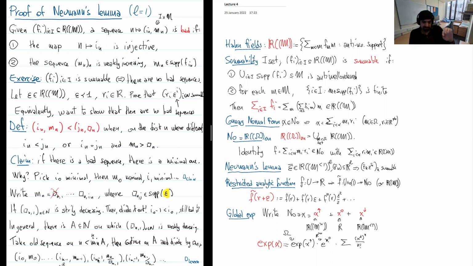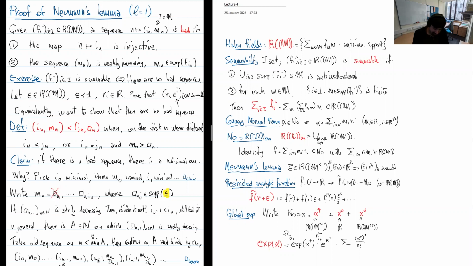But this sequence is still bad because the monomials were weakly increasing. From some point onward, we divide by a weakly decreasing sequence. And now finally, we use the fact that epsilon is infinitesimal. We also divide by things which are smaller than 1.